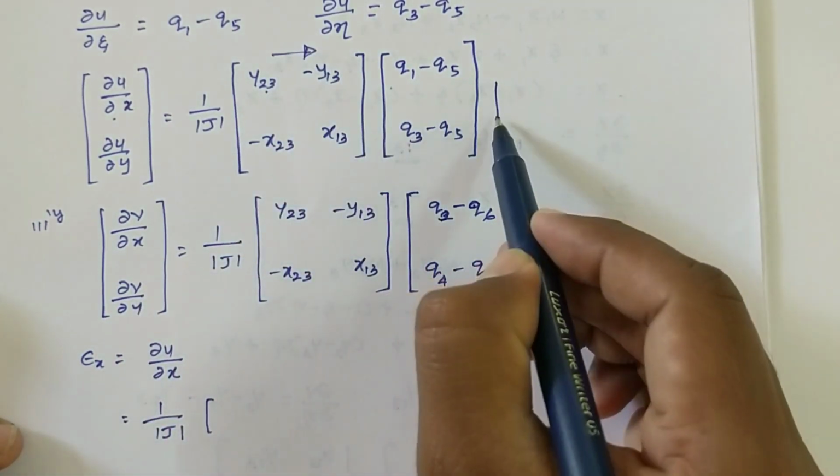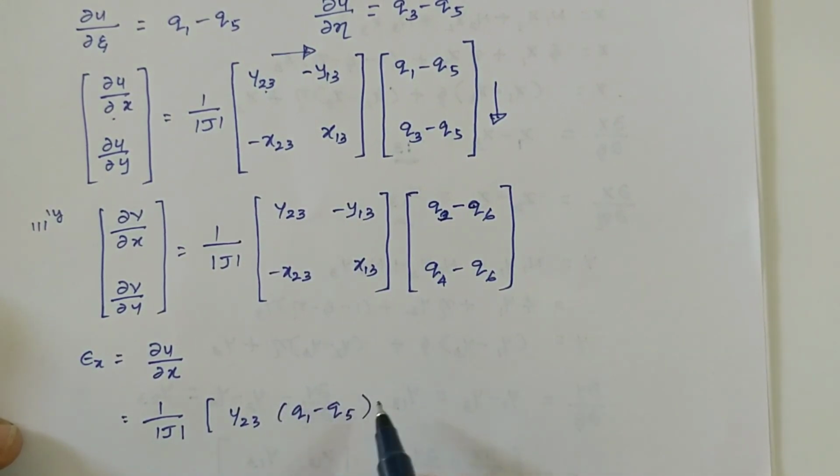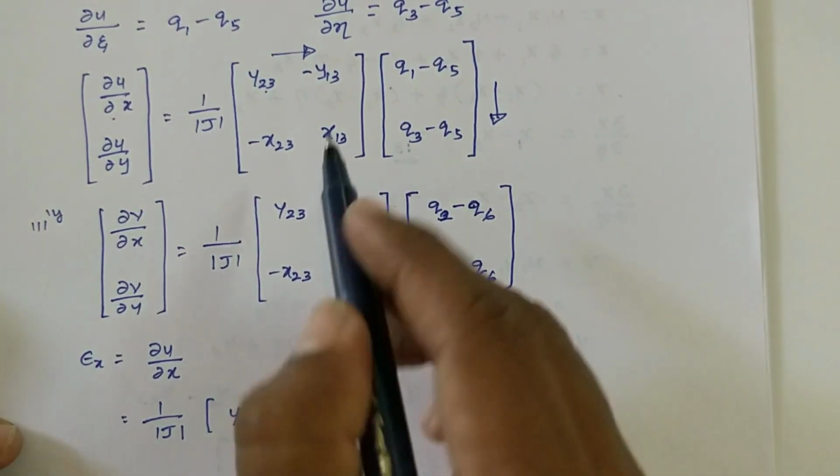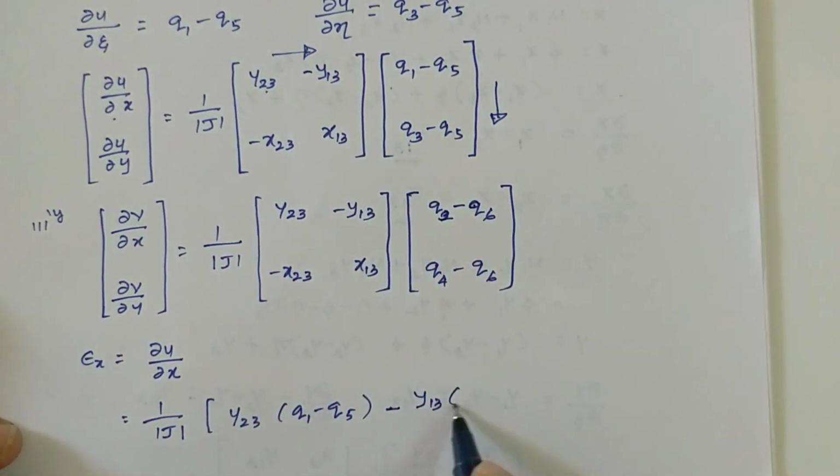So we will do a matrix multiplication: y23 into q1 minus q5, minus y13 into q3 minus q5.